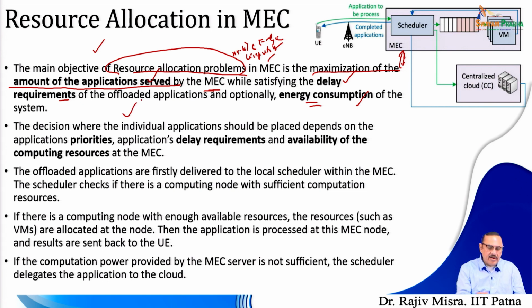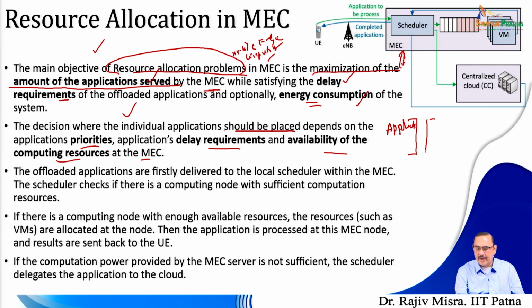The decision where the individual application should be placed, that is the selection of the placement, depends on the application priorities, the application's delay requirements and the availability of the computing resources at the MEC. So, there are two ends: one is the application, the other end is the MEC, that is the edge servers.